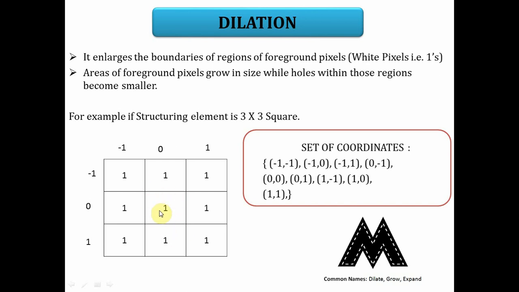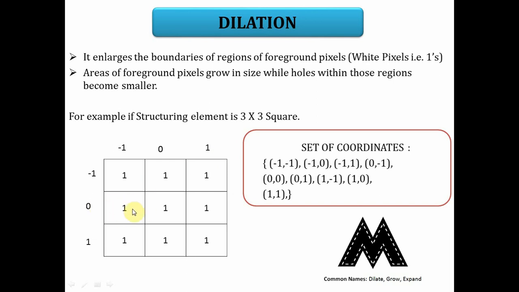So we are keeping in mind that we will place our structuring element or kernel in such a way that we can target the center pixel, or you can say the coordinate will be 0,0. Because if you consider the structuring element, -1, 0, 1 on the x axis and -1, 0, 1 on the y axis, the set of coordinates will be -1 -1, -1 0, -1 1.